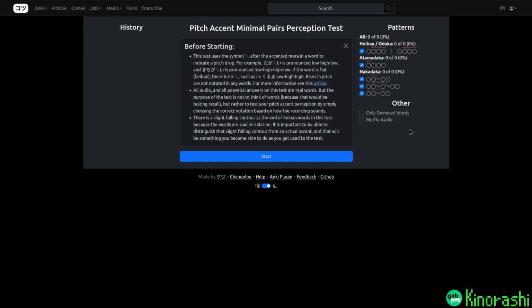The drop in pitch is larger than the small rise in pitch we saw at the beginning of Heiban words. Any particle following the word is also pronounced with a low pitch. Essentially, Atamadaka is the opposite of Heiban.